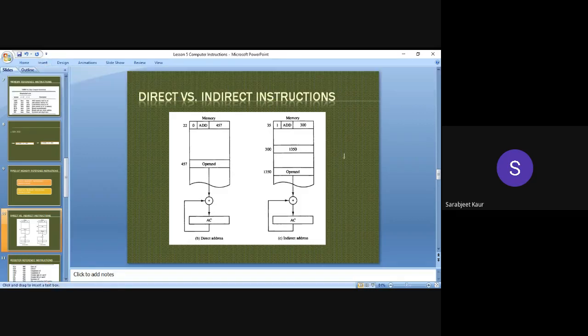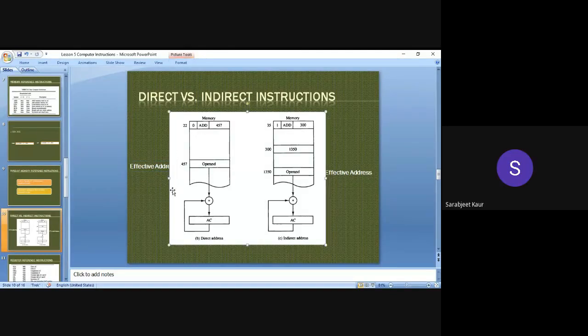In the first case, the effective address is what? 457. Very good. And in the second case, the effective address is 1350.